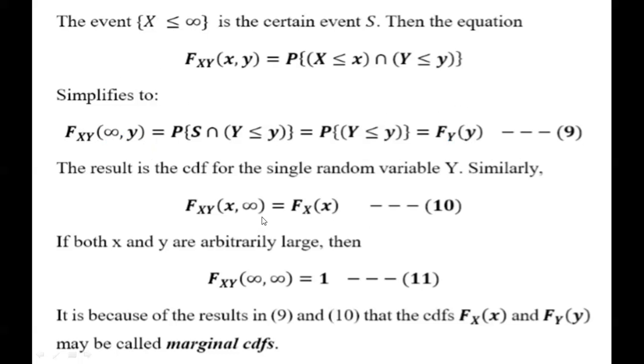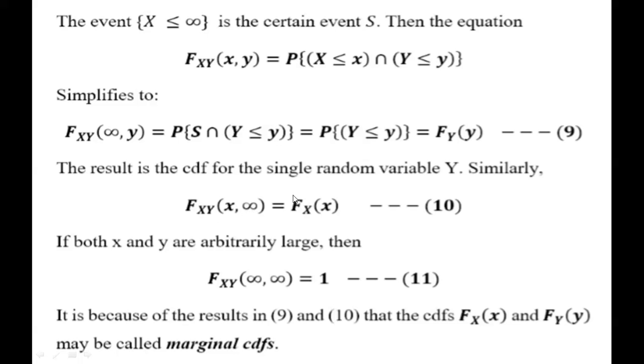Similarly, we can also have the single random variable CDF of x by considering the event y to be a sure event. Here you can see, it is a sure event, representing the random variable y less than or equal to infinity. And x can have the range from minus infinity to infinity.